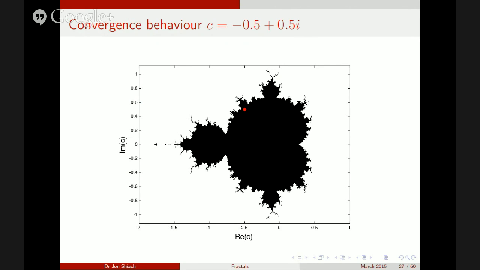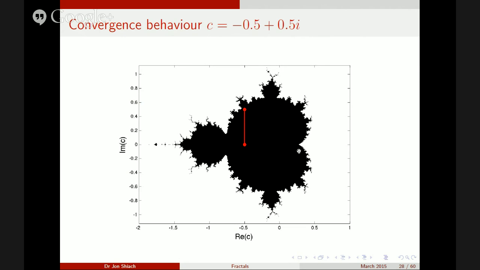Okay, so let's take a point. I've chosen minus a half plus a half i, which is here. And what I'm going to do is show you what happens to that point as we iterate. Okay, so we start there. The first iteration, we move to here. So this is our Z value.